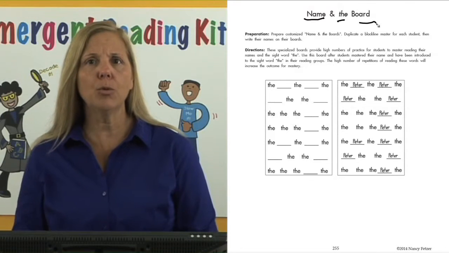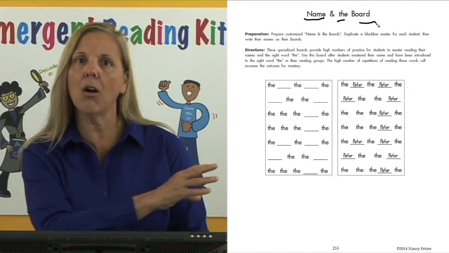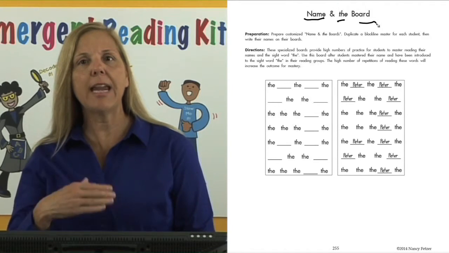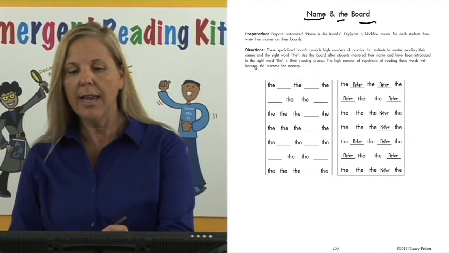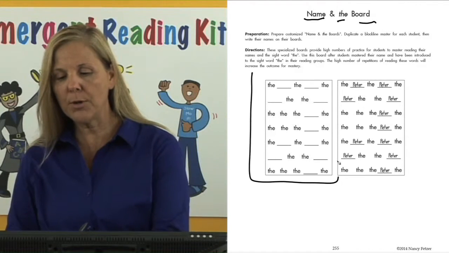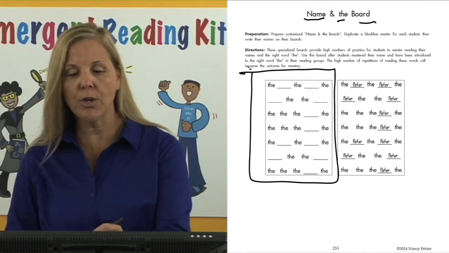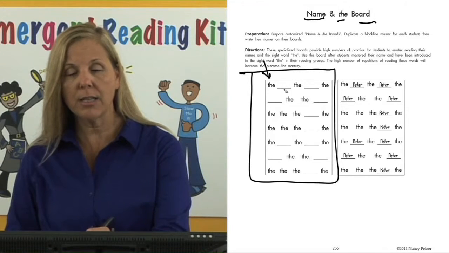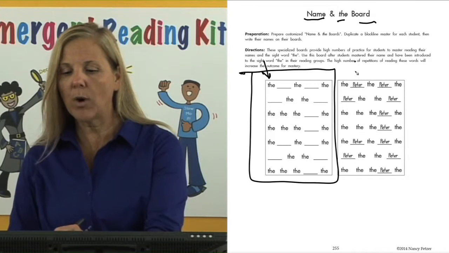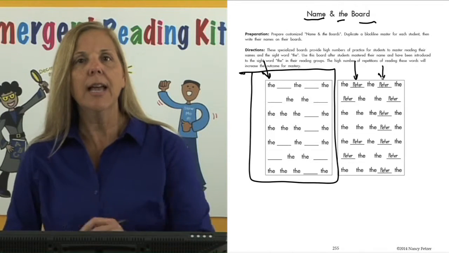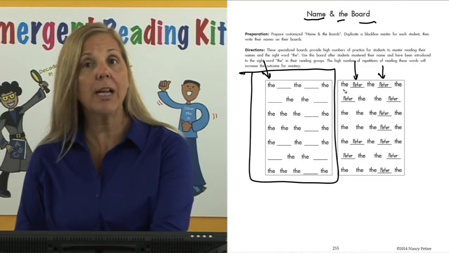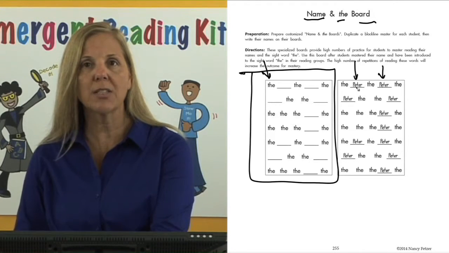So what I do when I'm working with them separately on their name in a separate activity, after giving them their name with the pictures on the page, if they've been working on the word the in their reading group, then I reproduce this specialized board with the word the on it and the blank lines. And in this case, if this was Peter's board, I would write Peter on all the blank lines. And now Peter will practice the word the that he has been learning along with his name.